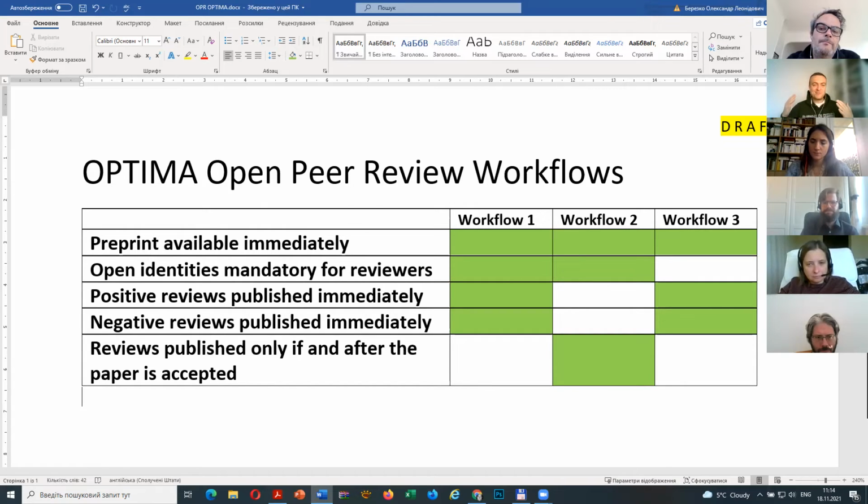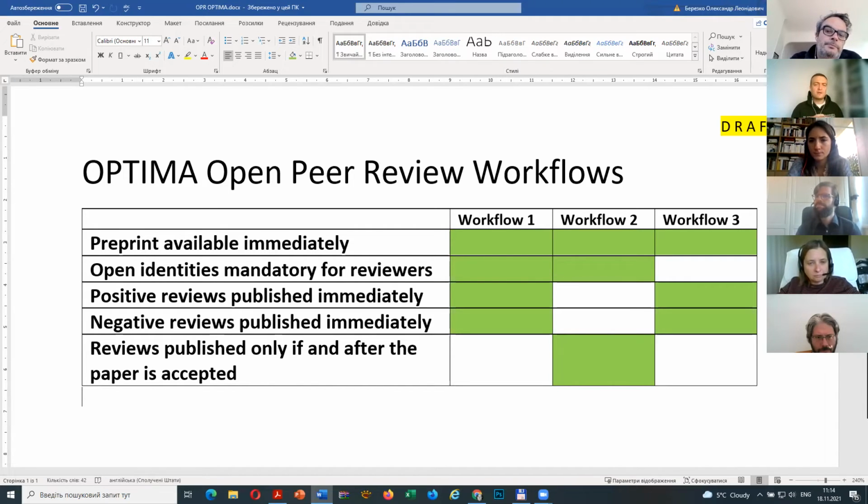But opening up the peer review process is something completely new to Ukraine and Eastern Europe in general. So we try to experiment and to find the best balance between openness and, let's say, attitudes of people. Let me give some more context: we will select at least 10 conferences in different Ukrainian universities, in different areas, from technical sciences to medical and everything.